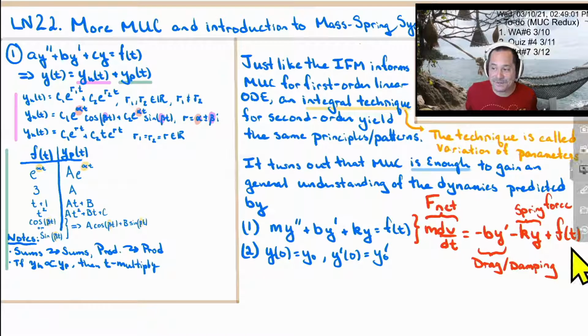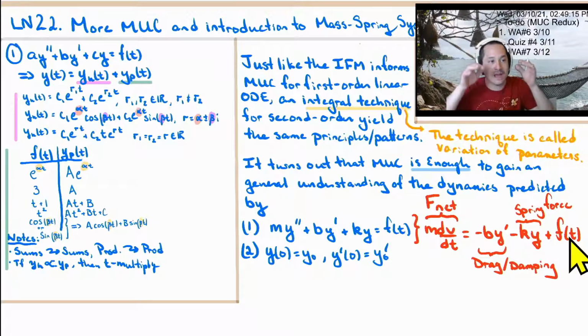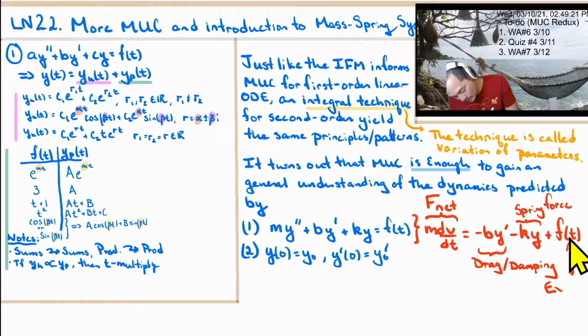And then this f of t right here doesn't have to do with any of the system properties. It's just hanging out in space. And what would that be? If this is the mass moving up and down, there could be some science person poking it with a stick. Think about pushing somebody on the swings. F of t is the external agent that's pushing the person. This is the external force.